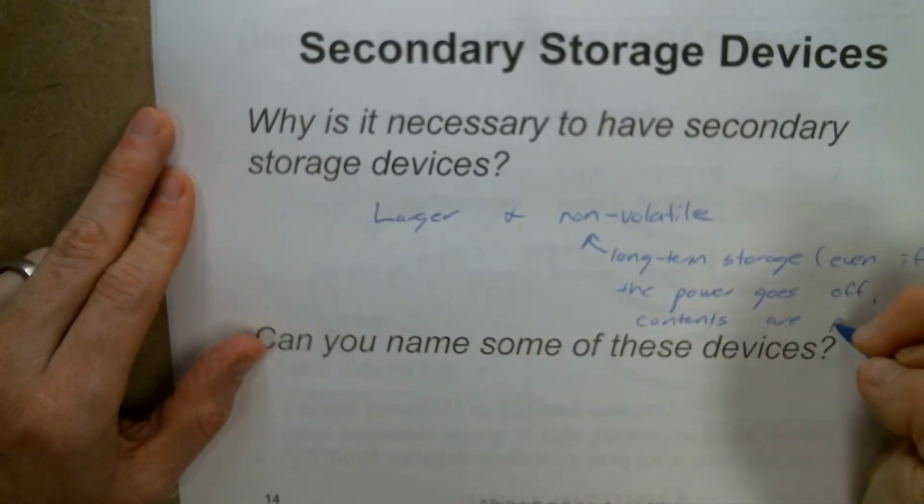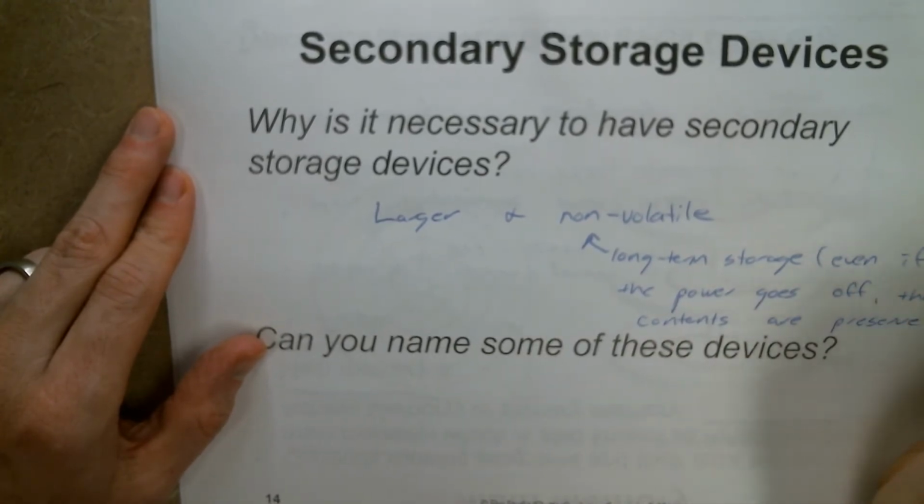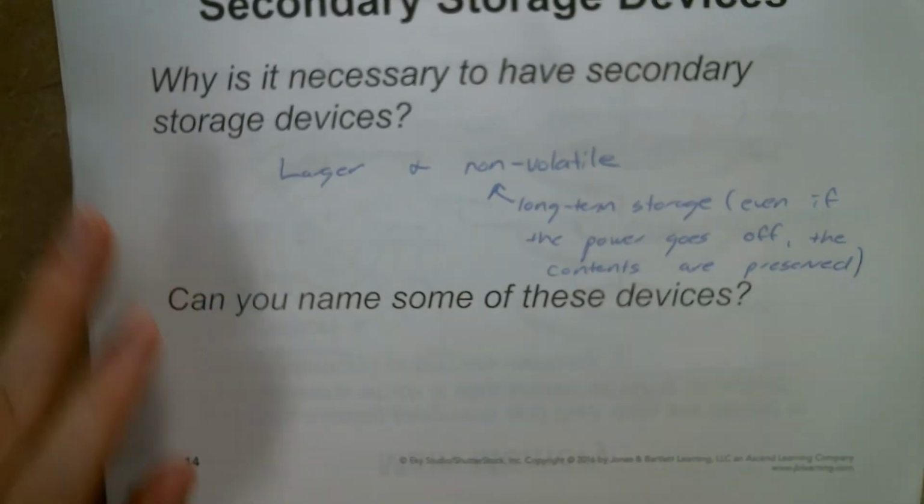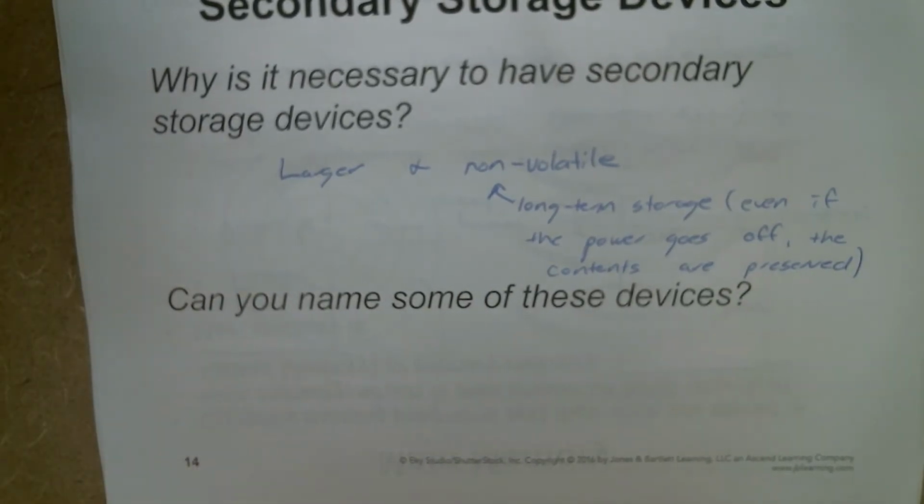It'd be really, really unfortunate if every time the power went off, you lost all the information on your computer. It would probably make it so computers wouldn't be nearly as popular as they currently are. If every time your power went out, it was like, oh, well, there goes every file I ever created. Super unfortunate.